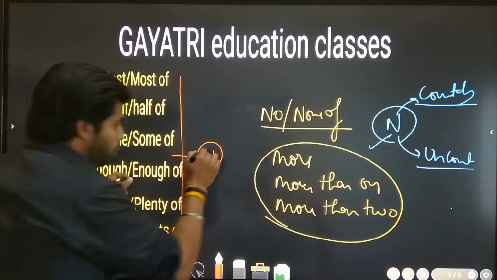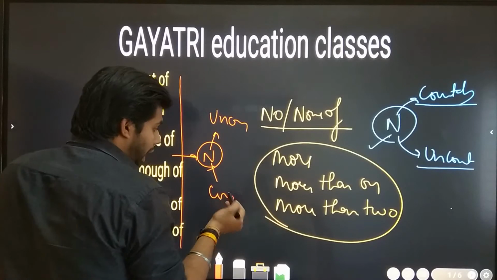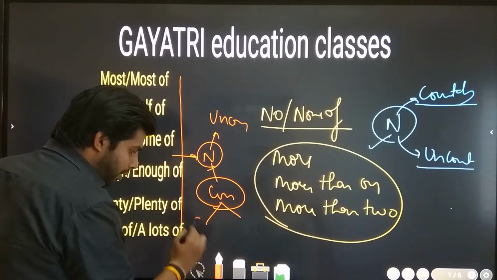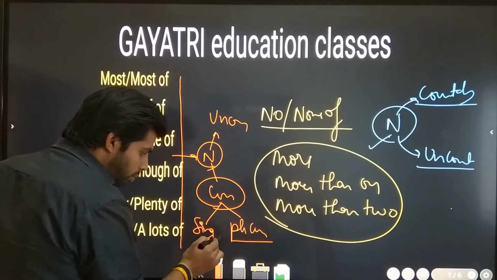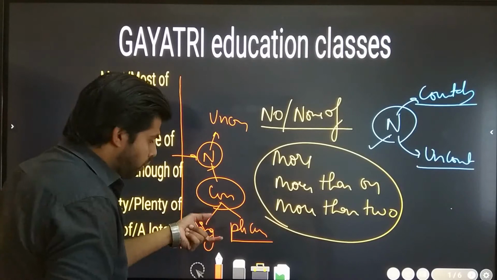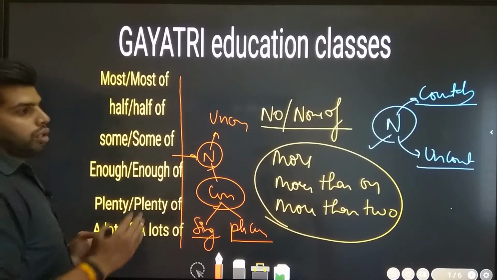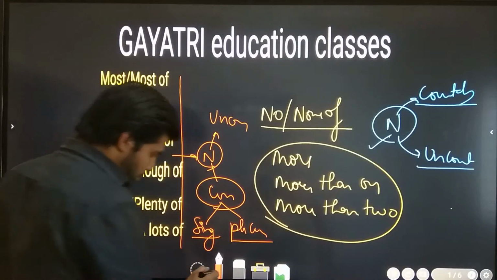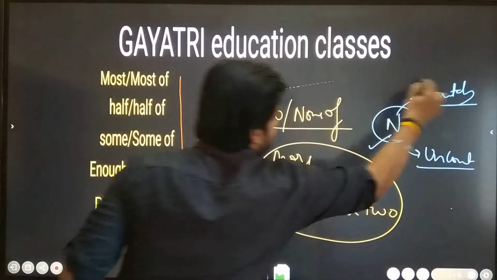So you must know noun is of two types, uncountable and countable. And then the countable noun is further divided into two parts, the singular countable noun and the plural countable noun. So you have to be clear about these topics first, so that you can understand this. Okay guys, so you have to watch the link I have given you in the description box. Now let's move on to this topic.